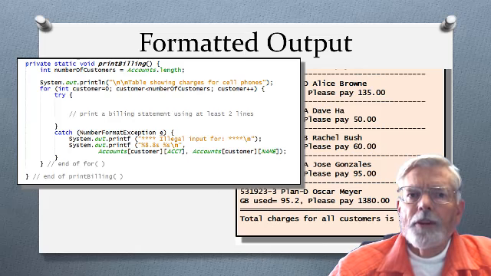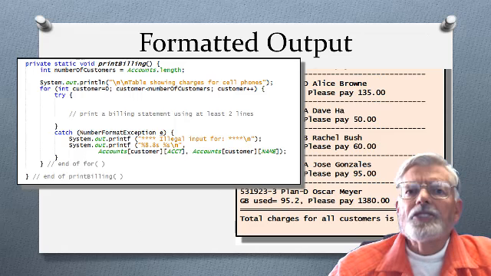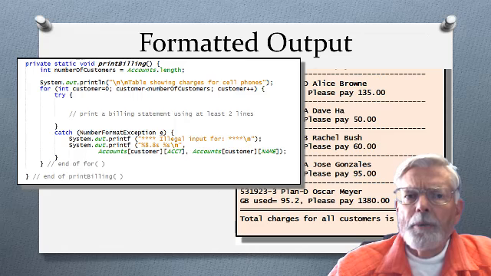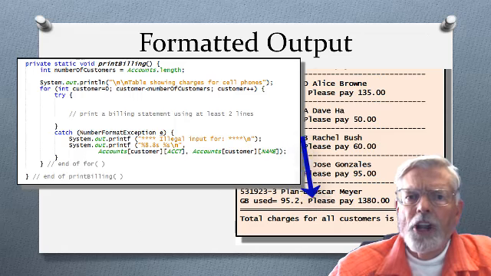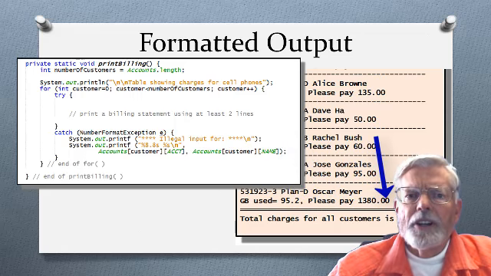Use a for loop in the print billing method to step through the list of customers. Inside the for loop, print the billing statement using at least 2 lines for each customer with 1 place past the decimal for the data usage and 2 places past the decimal for the amount owed on the bill.